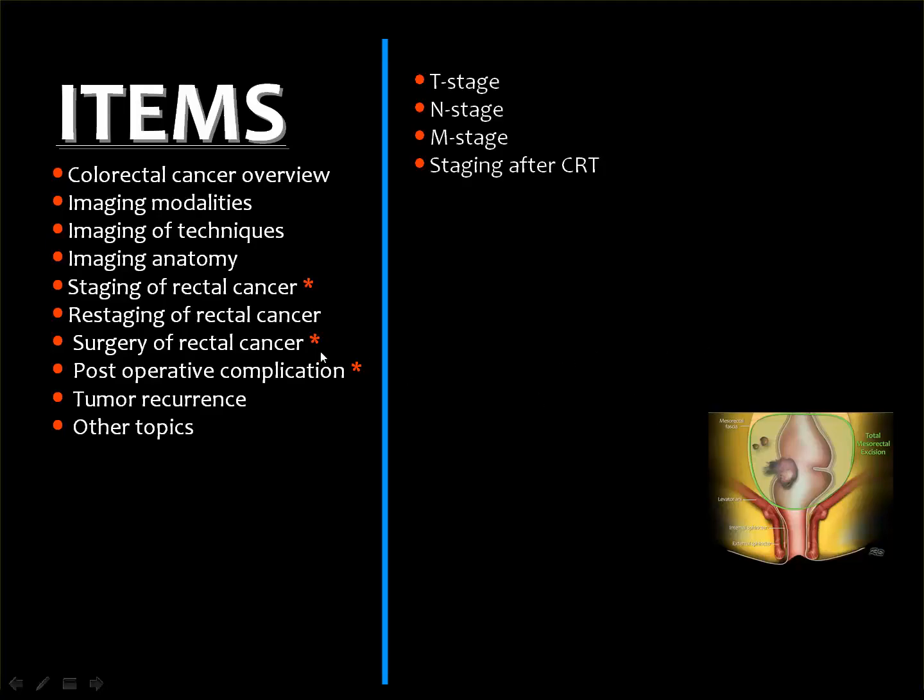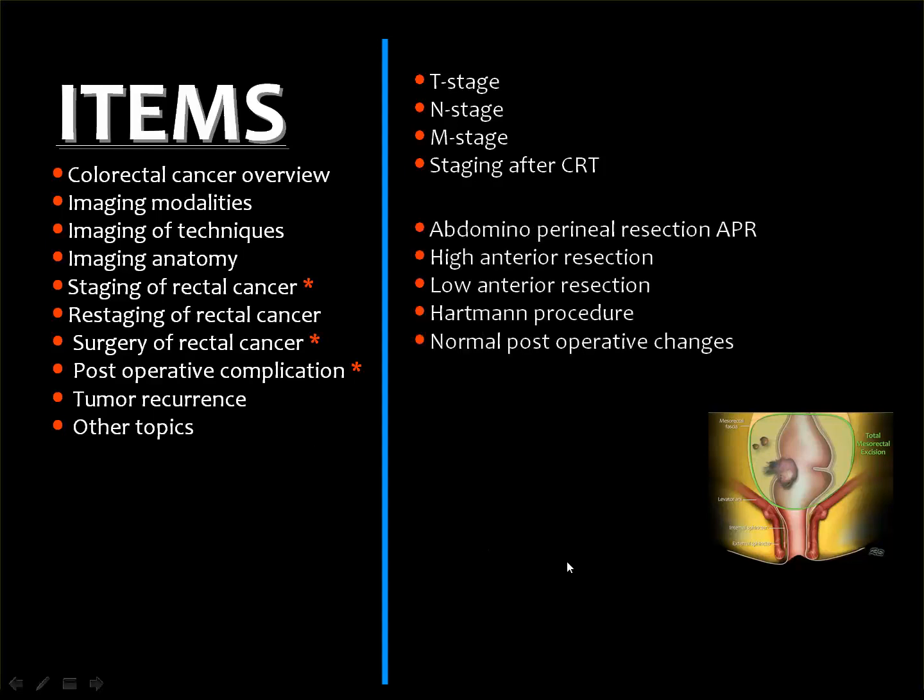Then we'll have an idea about the surgical procedures now applicable for rectal cancer. Then we'll show the normal post-operative appearance after surgery. Then we'll present the post-operative complications, which are a lot, including tumor recurrence.